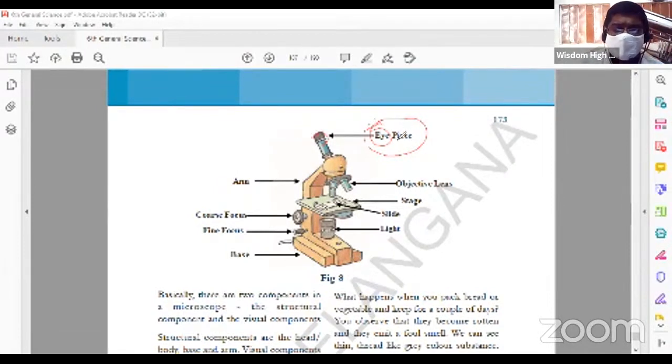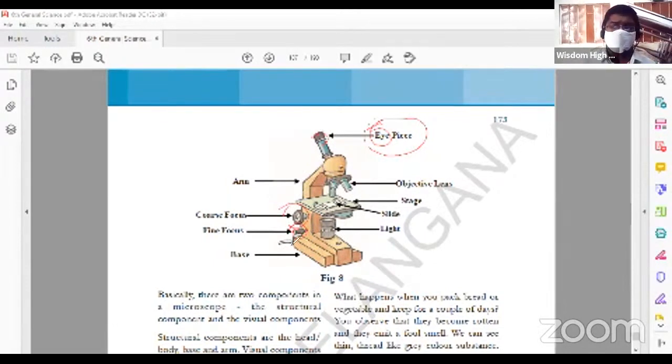Next, the objective lens is there, for changing and adjusting, and the arm of the microscope. Next, coarse focus, fine focus, so we can adjust that to make visible the internal structure of the stem, the leaf, whatever it is.